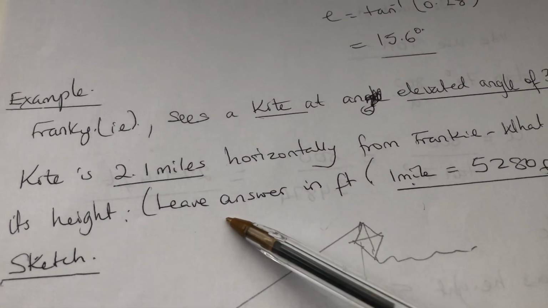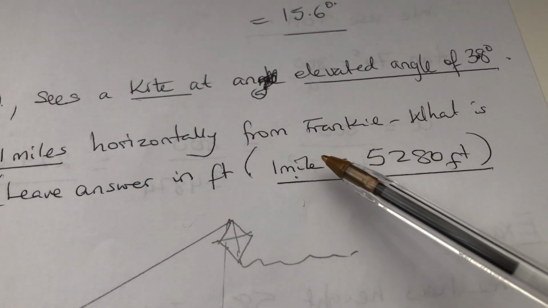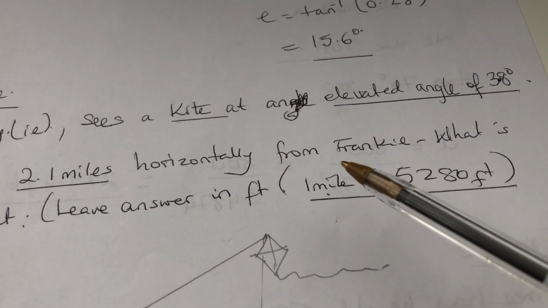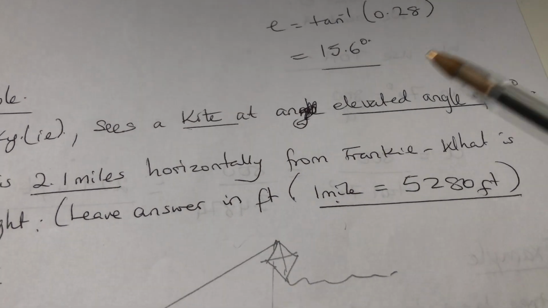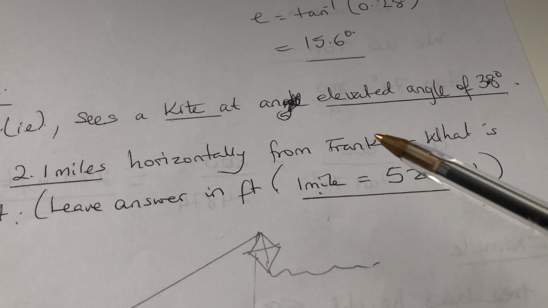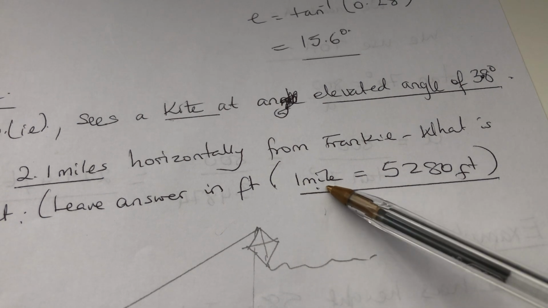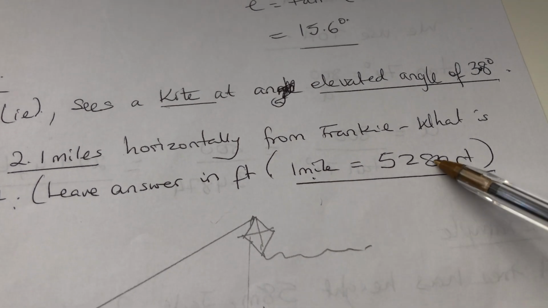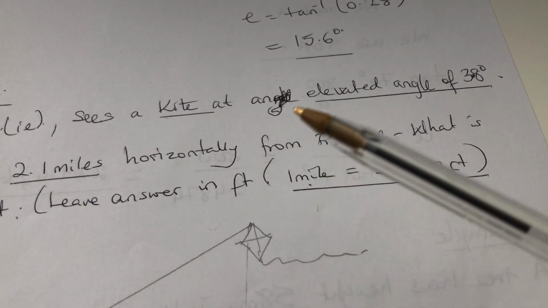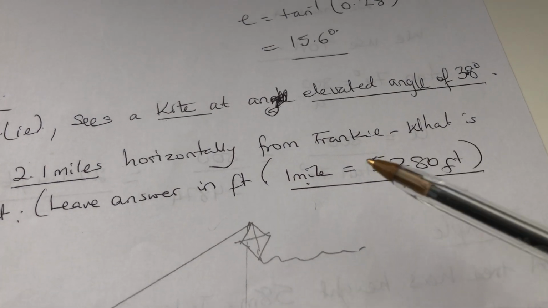What is its height? Leave your answer in feet. In an exam, follow instructions. If you finish and leave your answer in miles, they won't give you the full marks. They've given you that 1 mile is 5280 feet, so when you get your answer in miles, you change it into feet.